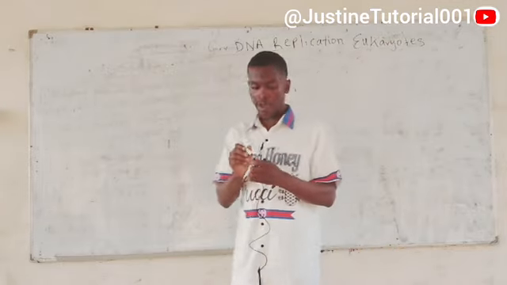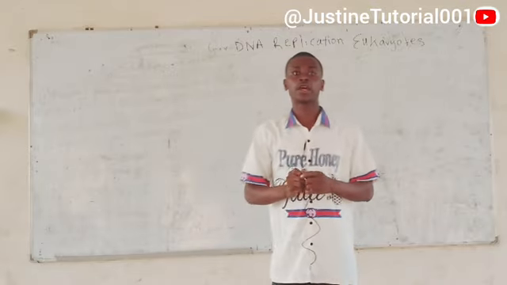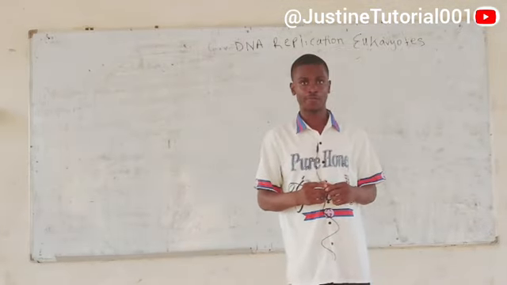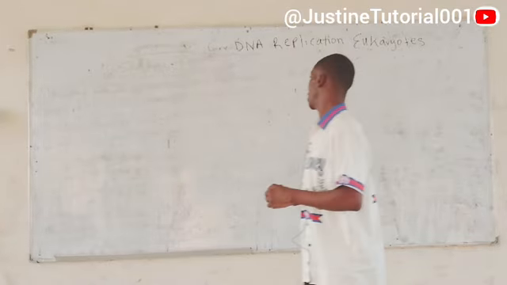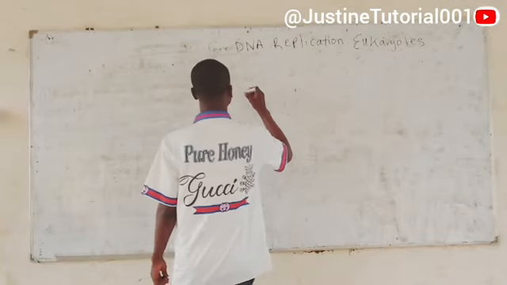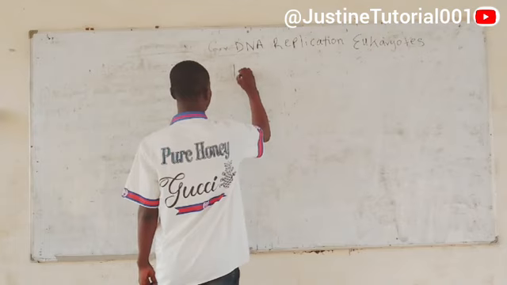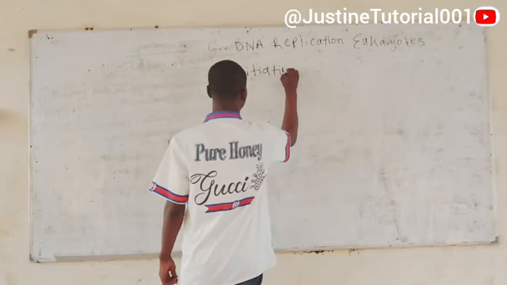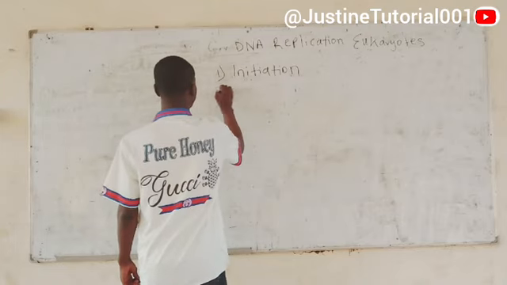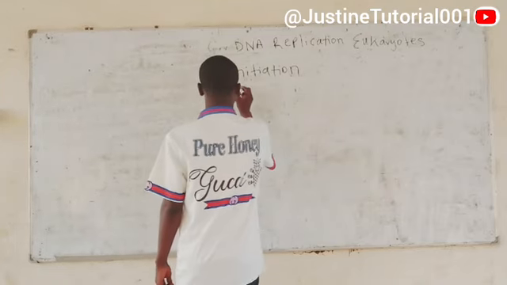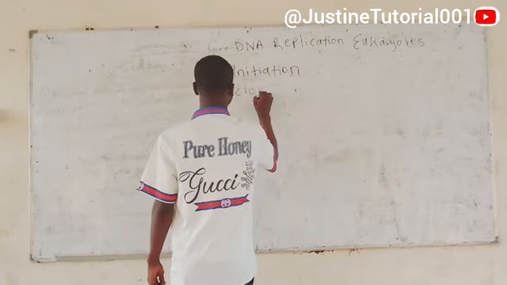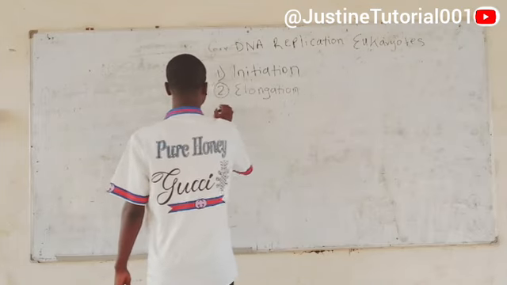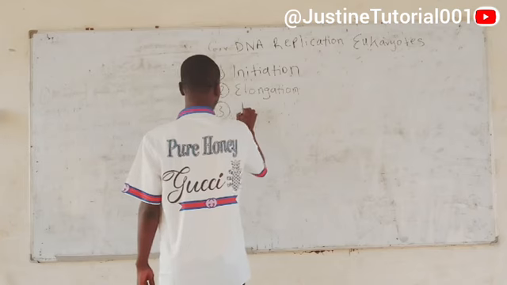If you can remember very well, in our last video, we made mention of some steps that are involved during DNA replication. We made mention of the initiation, elongation, and termination.